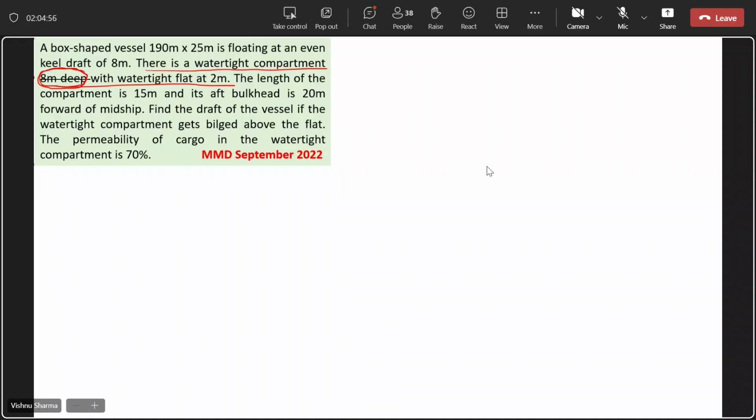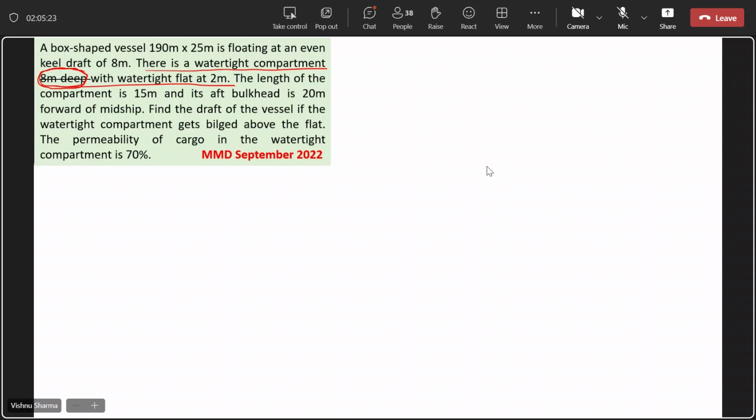If you see his solution, you will find in his solution this 8 meter, there is nothing at 8 meters, it is open right till the deck, whatever height it is. You're getting my point? That's what I have done is I have cancelled out these two words 8 meter deep, but I have retained them here because this is how it came in MMD, guys. Is that clear? Have you understood, beta? Yes, sir.